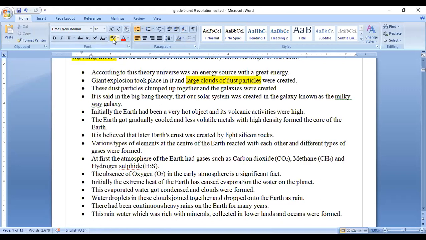What was created in the universe? Large clouds of dust particles were created. Due to what it has been created? Due to a giant explosion. So what is the answer for that question? Large clouds of dust particles.